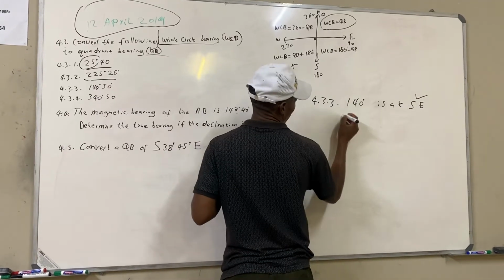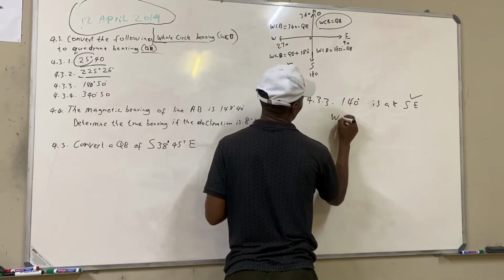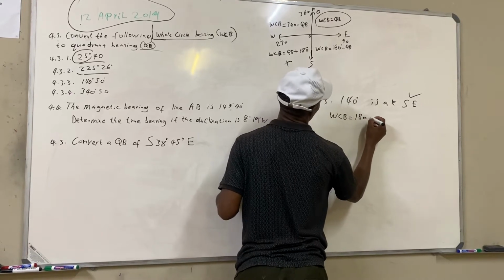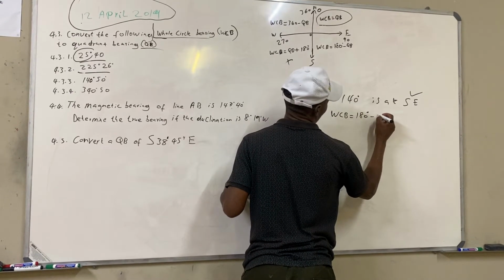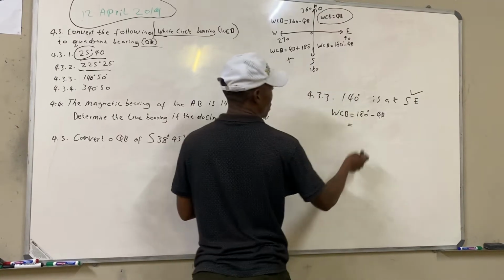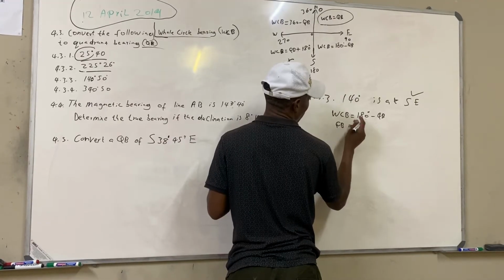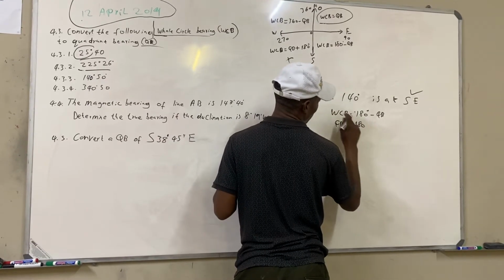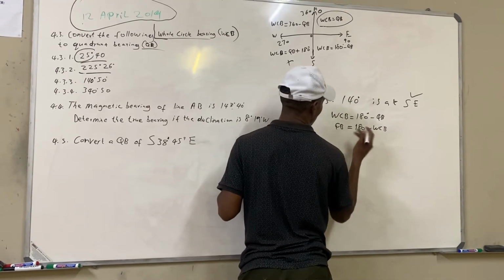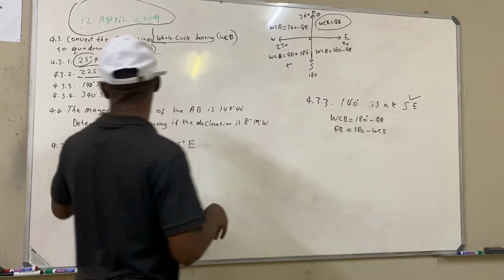Then you check the formula under the second quadrant: WCB is equal to 180 degrees minus quadrant bearing. Simple. The subject of the formula: this one comes that side to be QB, and 180 remains that side. This one comes that side to be the whole circle bearing.